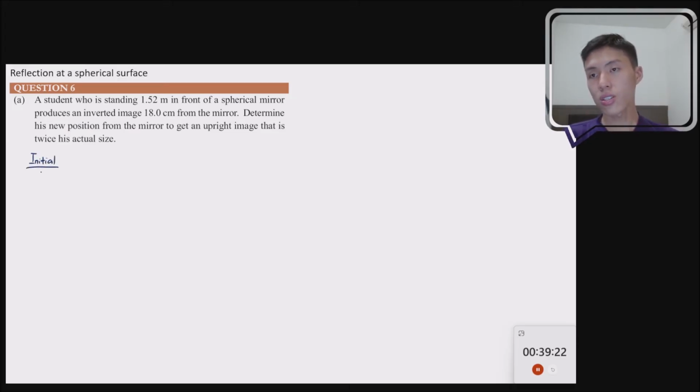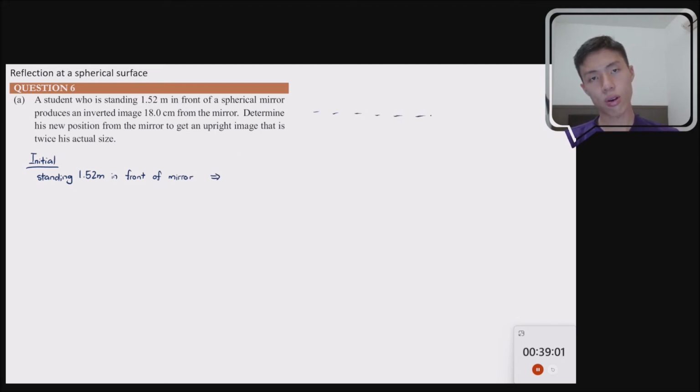They say the student is standing 1.52 meter in front of the mirror. So from here this tells us the distance.